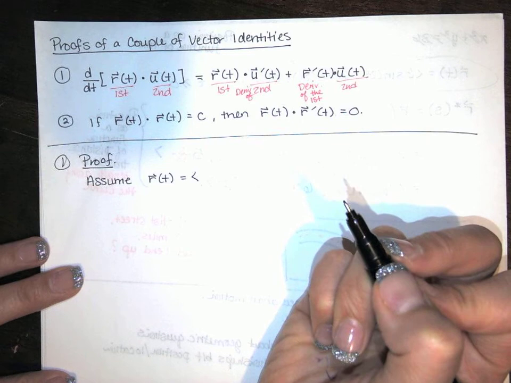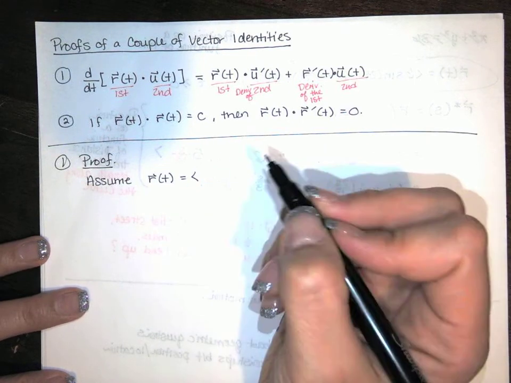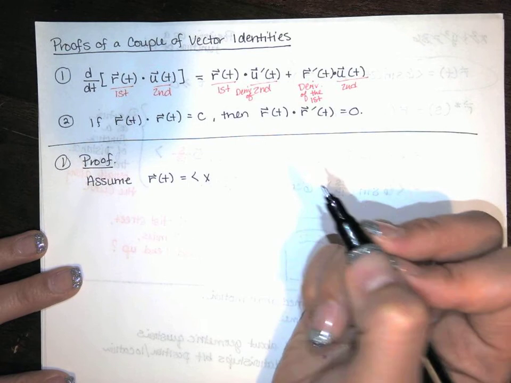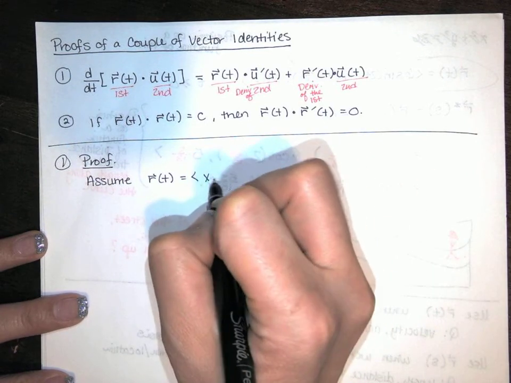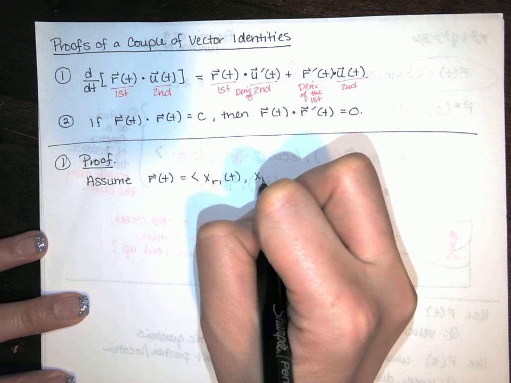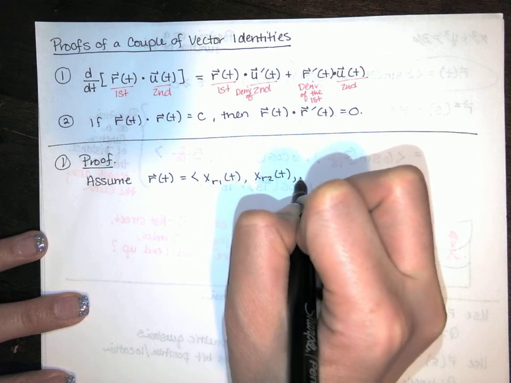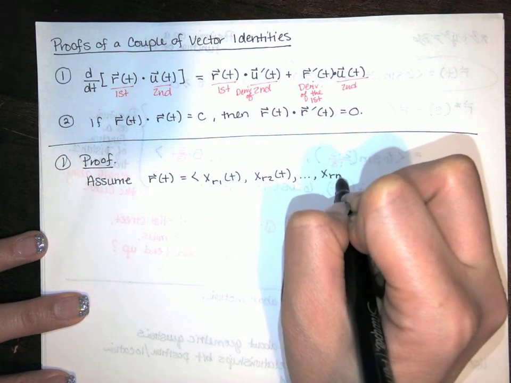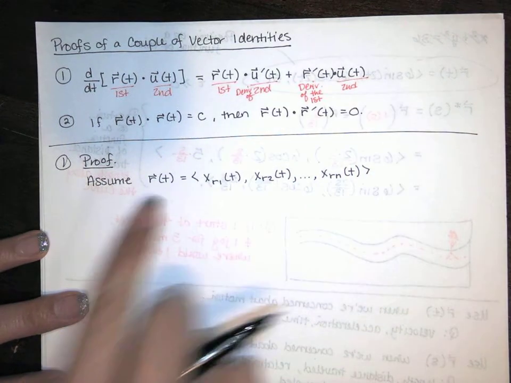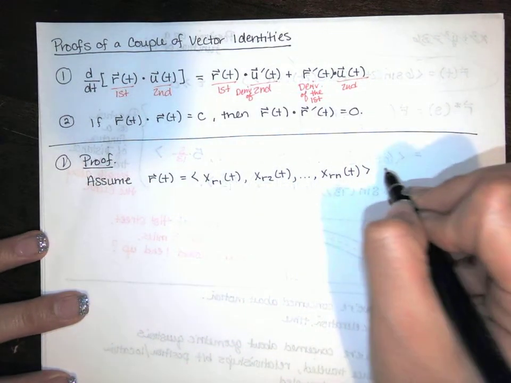So r is going to have components. Let's call them x sub r1 of t, x sub r2 of t, all the way through x sub rn of t. And I'm putting that r on there just to say that they're components of the vector r. And there are n of them.